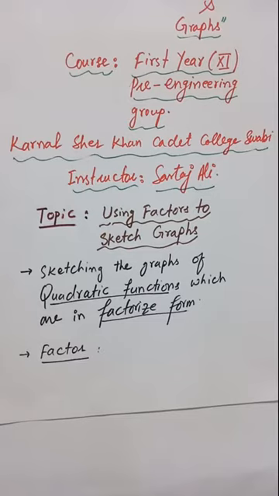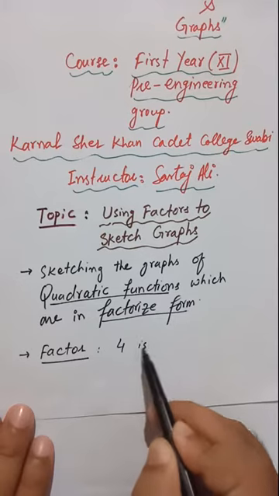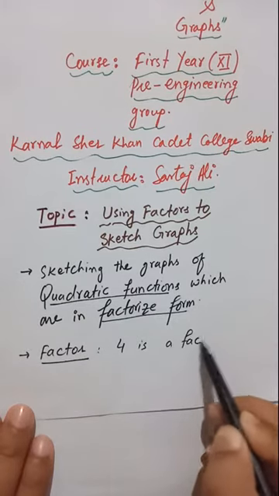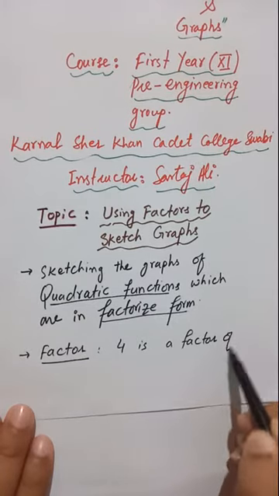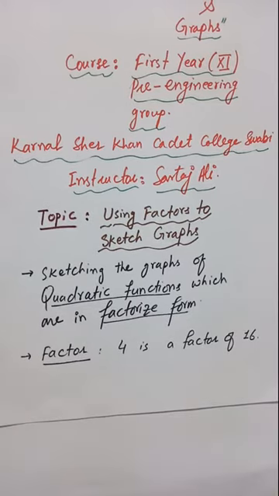If I take an example from numbers, so 4 is a factor of 16. What is the reason that 4 is a factor of 16? Because if we divide 16 by 4, we get a remainder 0.